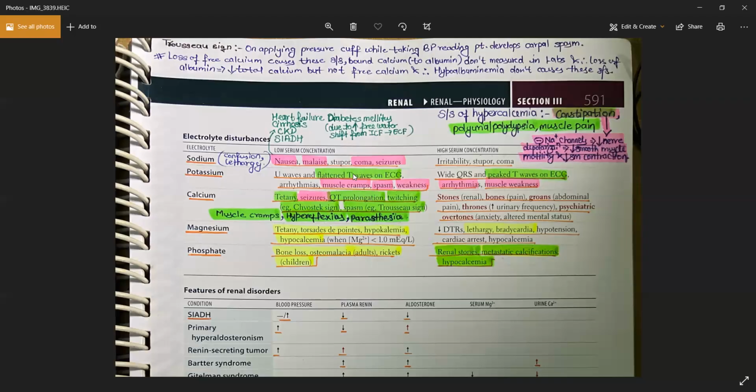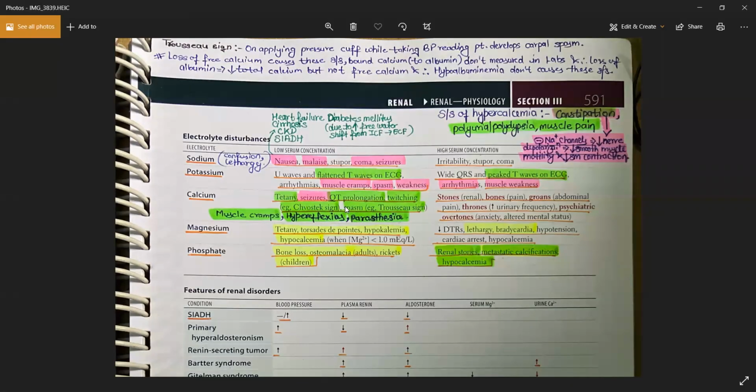Arrhythmias can occur, of course, because potassium is required for the action potential. Muscle cramps, spasms, weakness. So the symptoms are very common, just like calcium, right? Because in calcium also you have spasms, weakness, and cramps in the muscle.